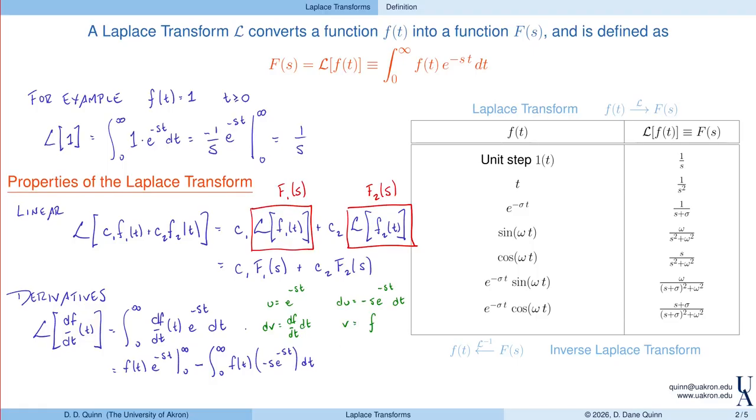Let's evaluate this. Evaluating at t equals infinity, this goes to 0, and then this becomes minus f of 0.